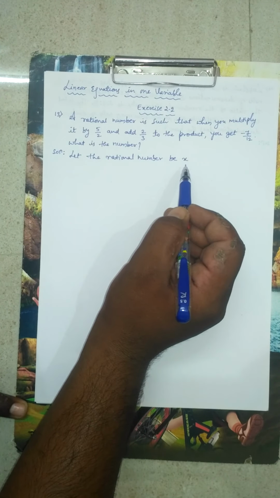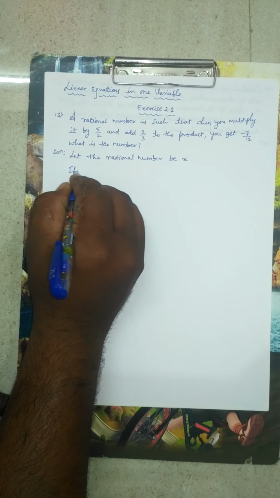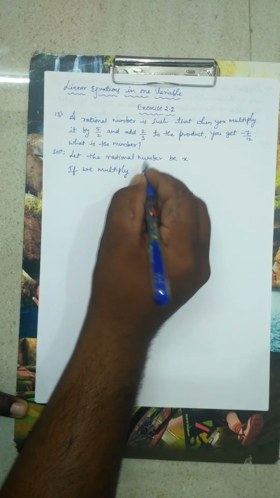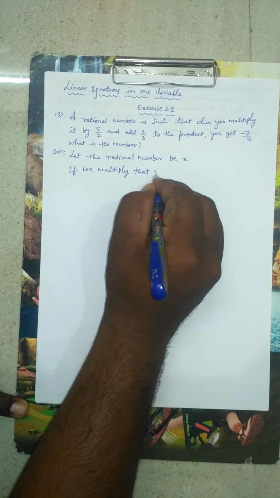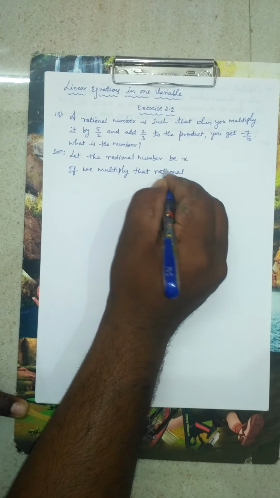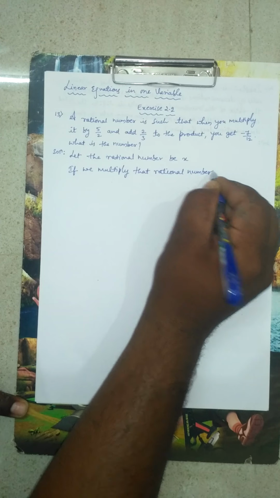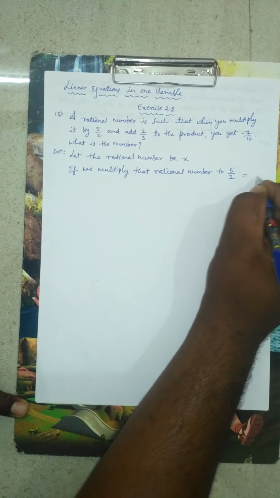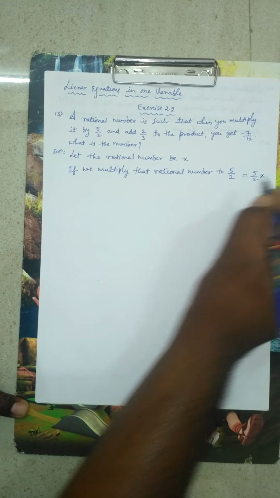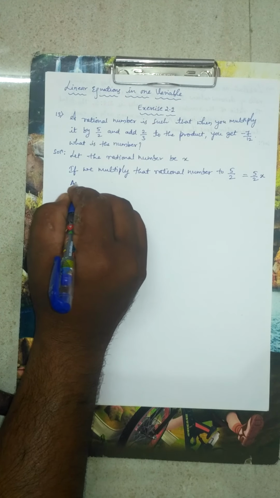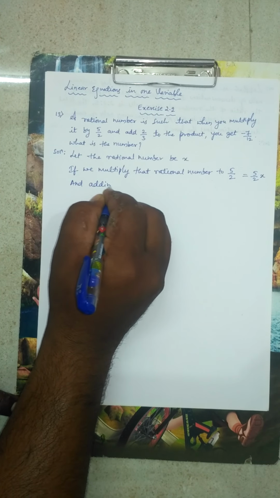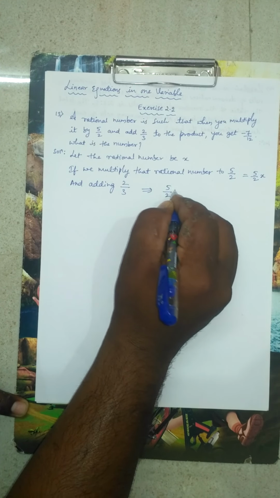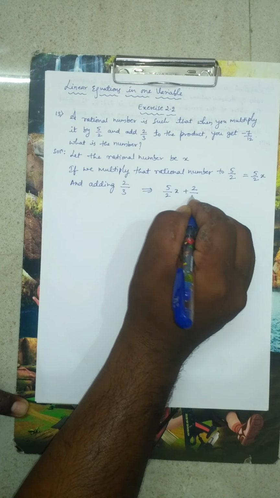Next what happens? If we multiply this rational number by 5 by 2, this is equal to 5 by 2 x, and adding 2 by 3, which implies 5 by 2 x plus 2 by 3.